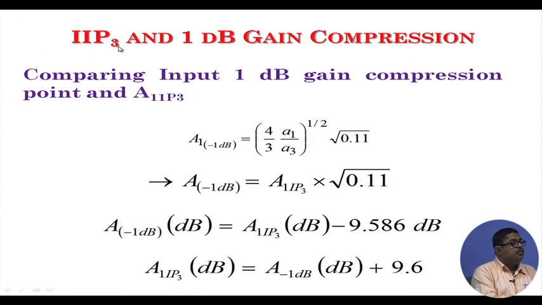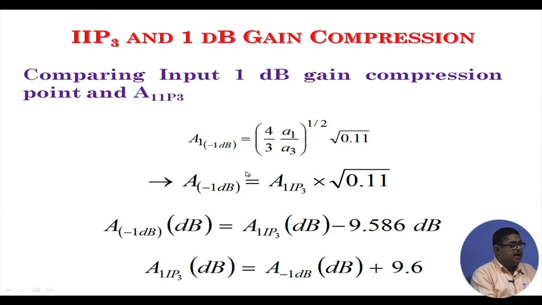Now, we have already said that we are concerned about IIP3. This 1 dB, this d should have been a smaller d, but in PowerPoint I think in the title page it comes like this. Now, comparing the input 1 dB gain compression point, which we have already seen, and now we have seen AIIP3.